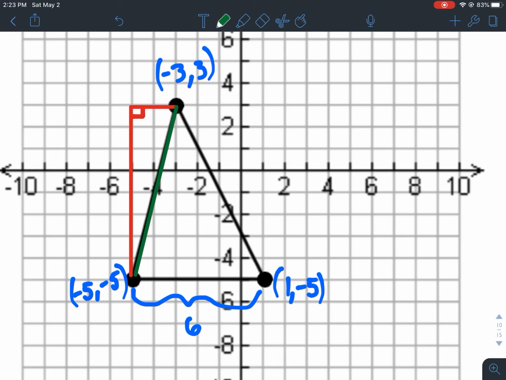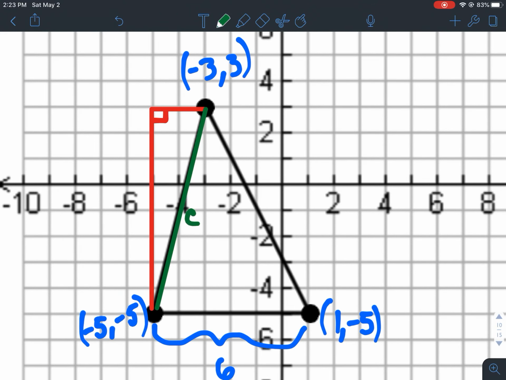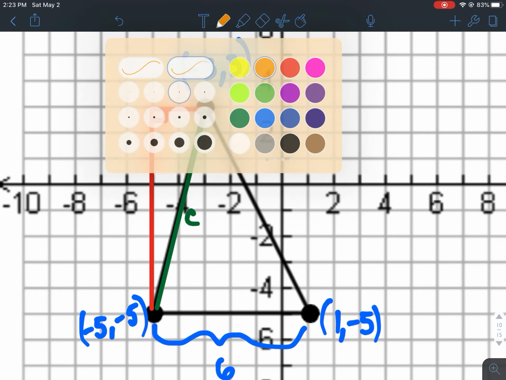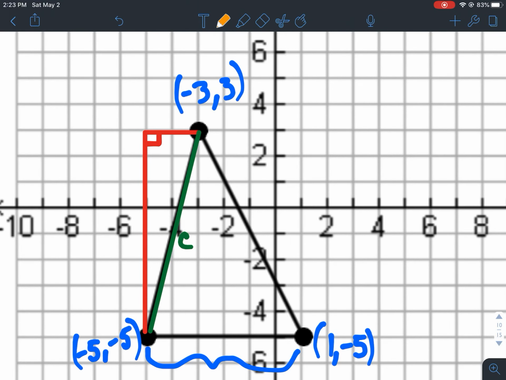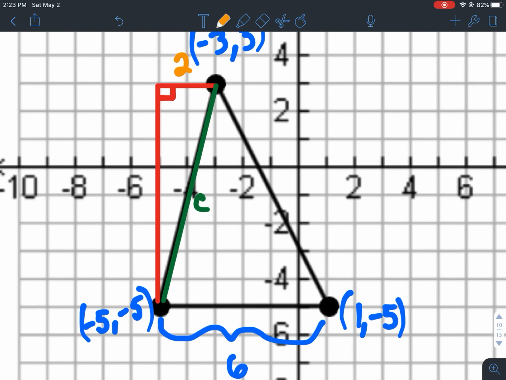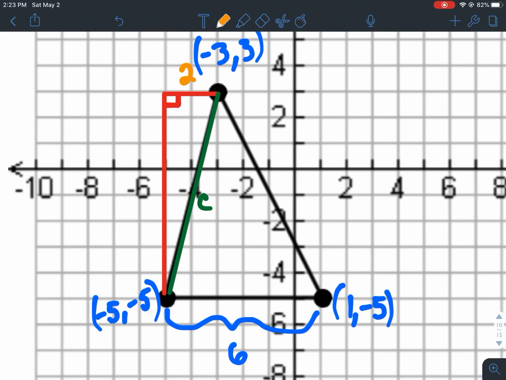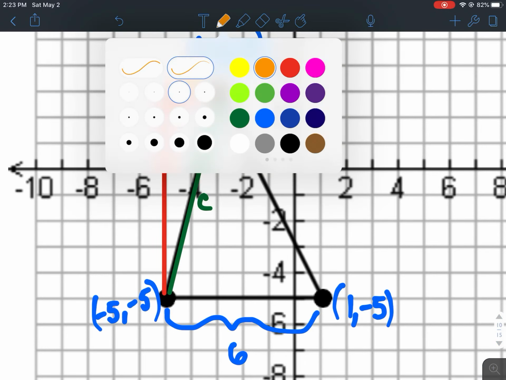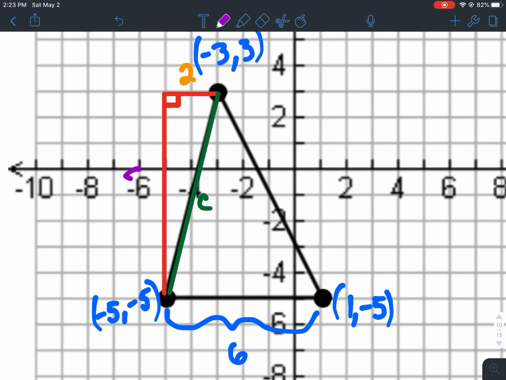I'm gonna call green the C length right there. So again, we have to take a look at these distances. This is 2 units for the right triangle, and this should be a total of 8 units for this side of this right triangle there.